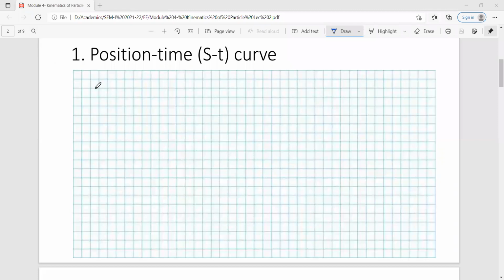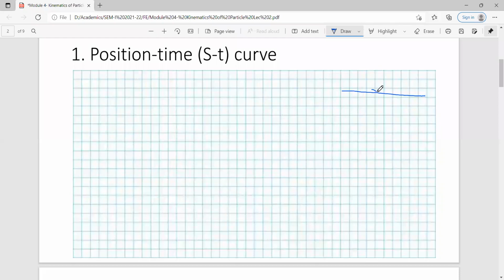Okay. So as I told you, you can represent any motion on a graph. Suppose I have to record the position of any object which is moving along a straight line like this.